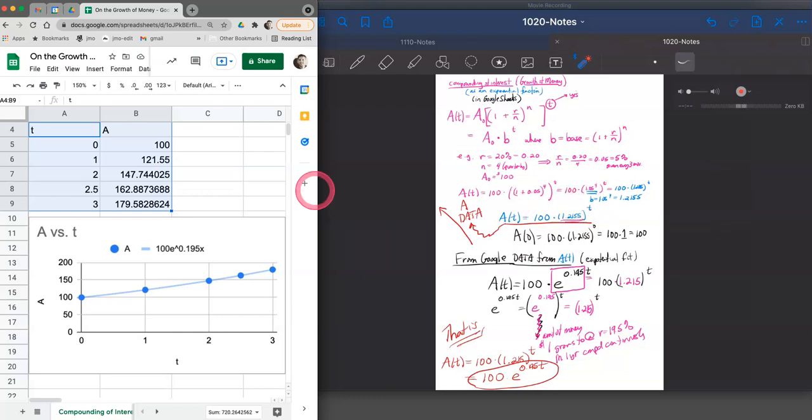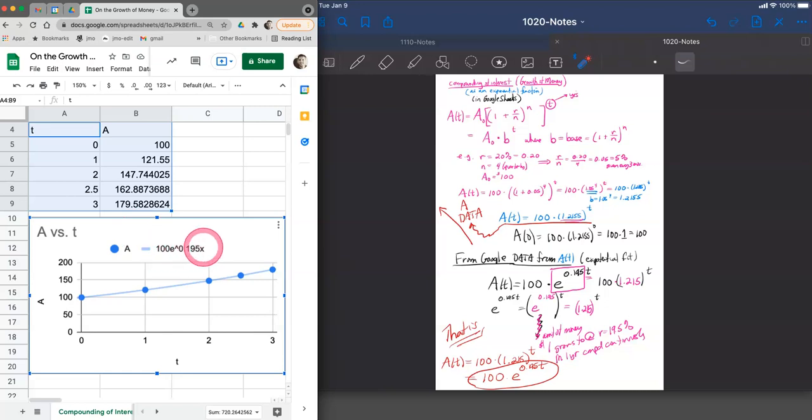The second way we know that this data was exponential, let's say you didn't know the formula that this data came from, one could take this data and ask Google to do an exponential fit of it. And the fact that this function we're coming up with here is a formula that goes through all the data points exactly says that this data was exponential data.